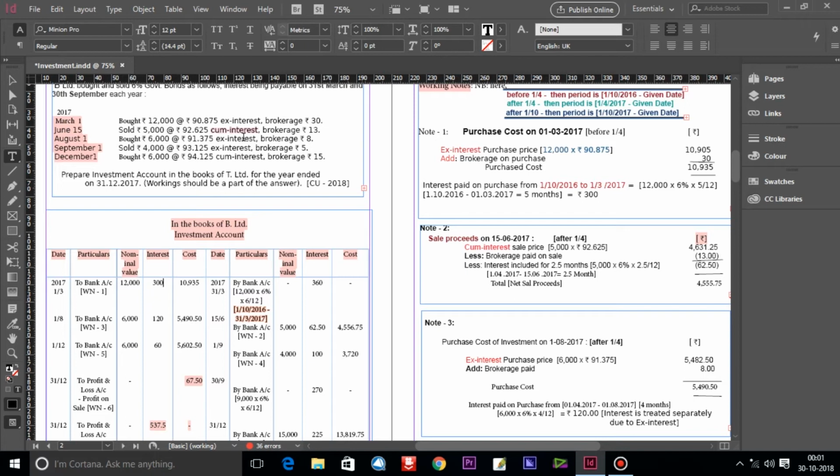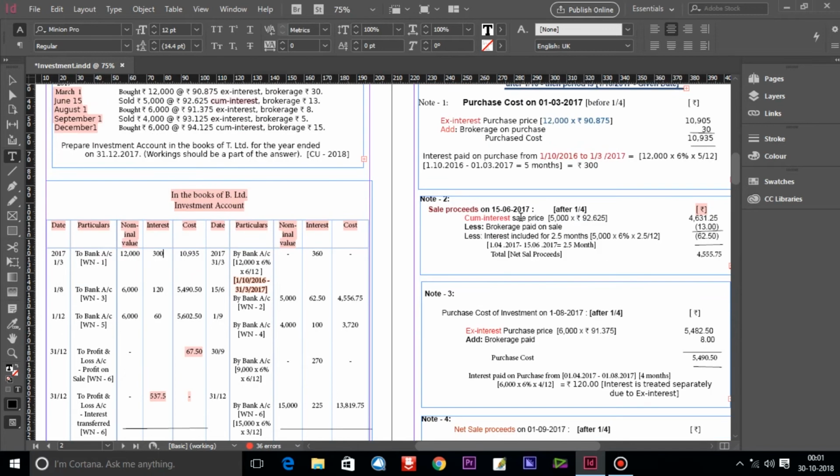On June 15, sold rupees 5,000 at 92.675 cum interest. Therefore, if we look at working note 2, we get the detailed idea, that is sale proceeds on 15/6/2017.